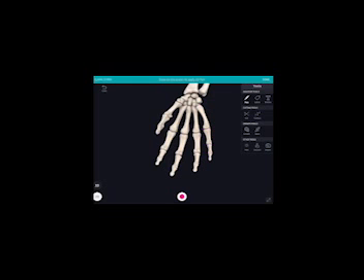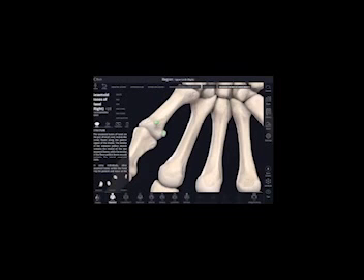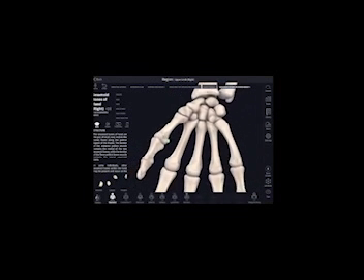Oh, and this little guy right here: we also have sesamoid bones, much like what we saw at the bottom of our feet, located on the first metacarpal.